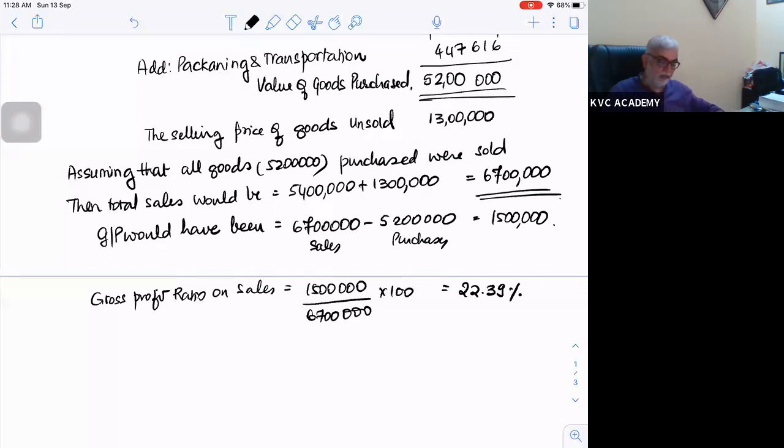Okay, now selling price of goods unsold is 13 lakhs.